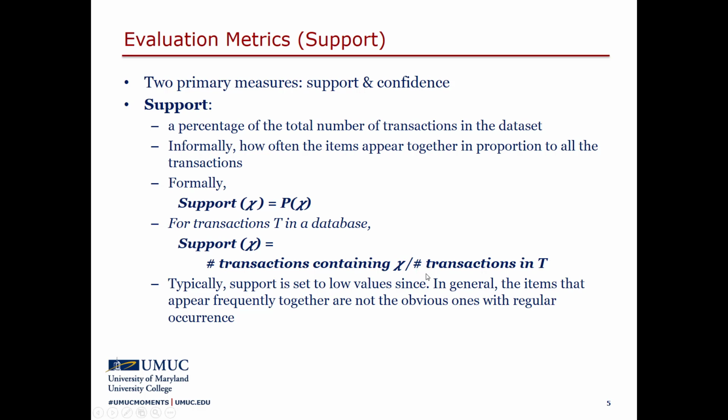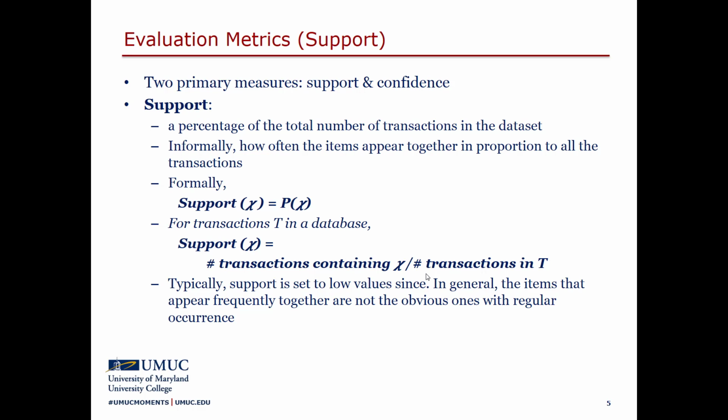Typically, because the application of association mining is in large databases where you probably have sparse data, unless you set the support value low, you won't identify potentially interesting rules. So in application, you typically use a small support value.